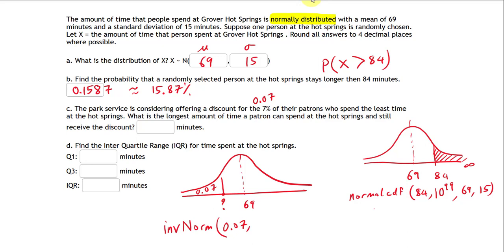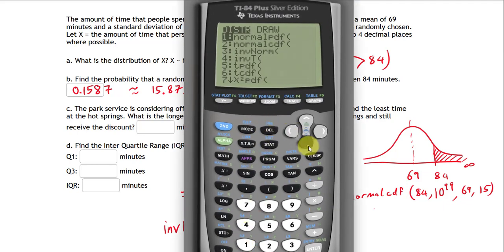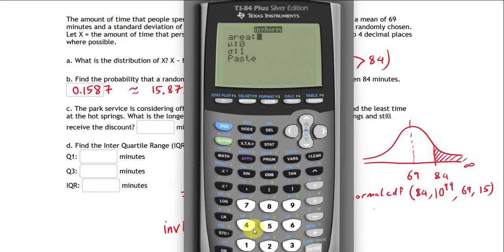And then I put in still the mean 69 and the standard deviation is 15. Let's do that. We have inverse norm, the area is 0.07, the mean 69, the standard deviation is 15, and we hit enter.